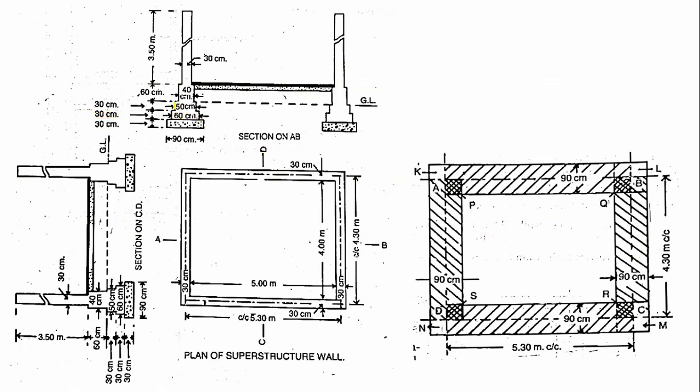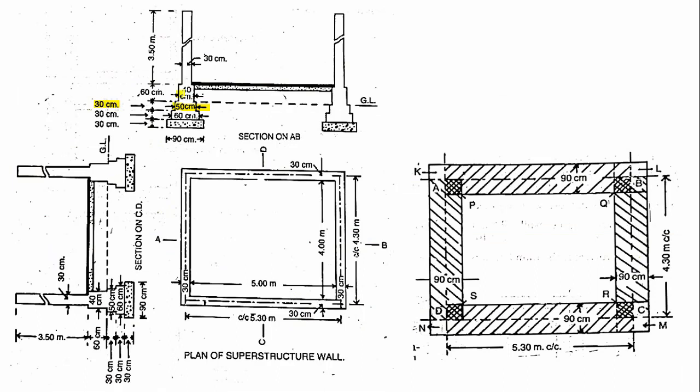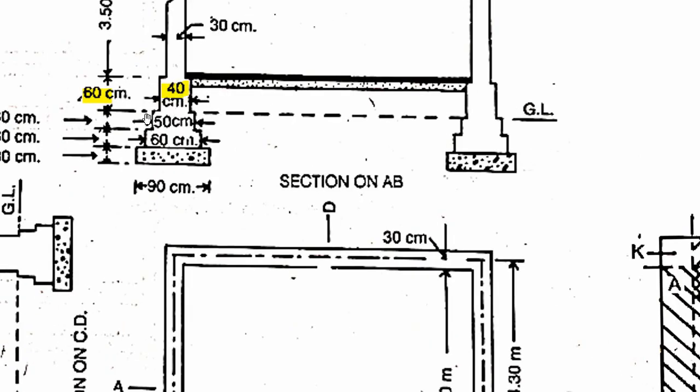The length will remain the same, breadth is 50, depth is 30 centimeters. If you multiply, you'll get this answer. Next we'll go to the stone masonry work in the plinth. Here the breadth is 40 and the depth is 60 centimeters.